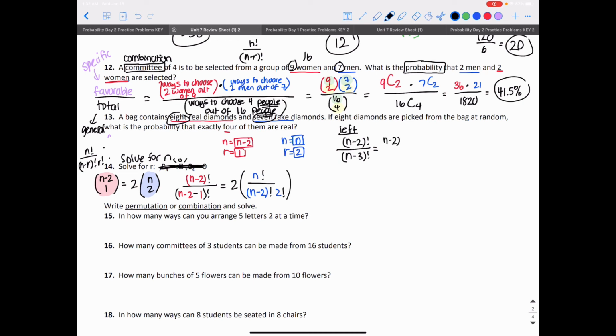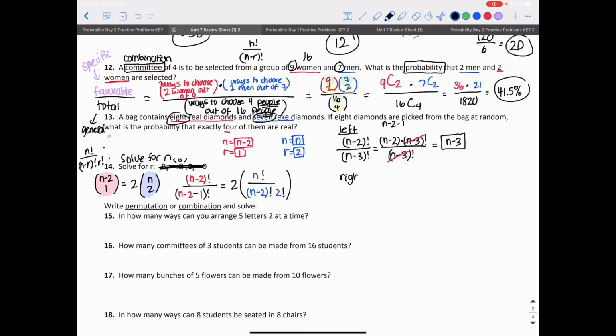So I'm starting with n minus 2, and then the next consecutive whole number down from that, one less than that, is going to be n minus 2 minus 1, and that's going to be n minus 3. I've reached what number I have in the bottom, so I can stop there, write the factorial sign, and I'm going to now cancel out the n minus 3 factorial in the top and the bottom, and I know that the left is just equal to n minus 3. So that's the left.